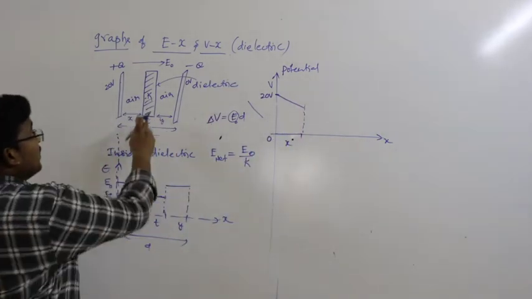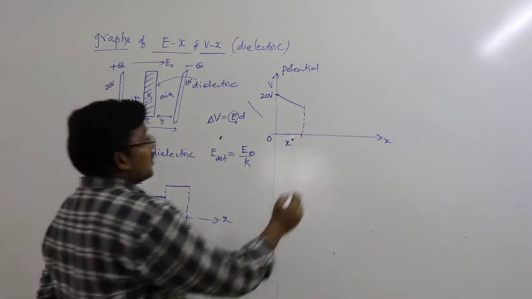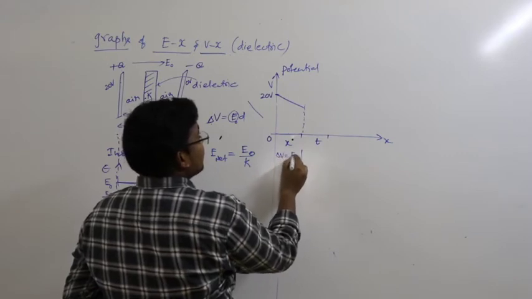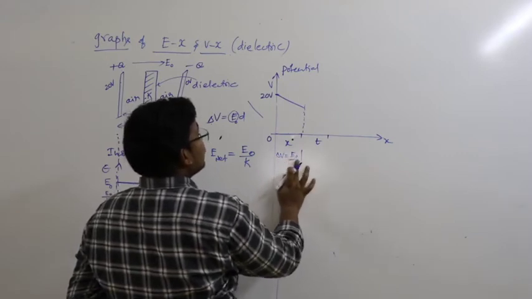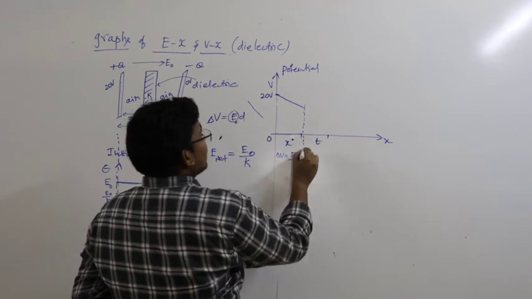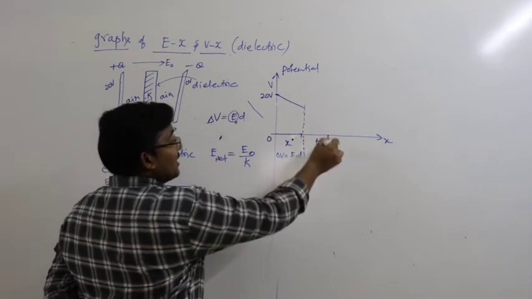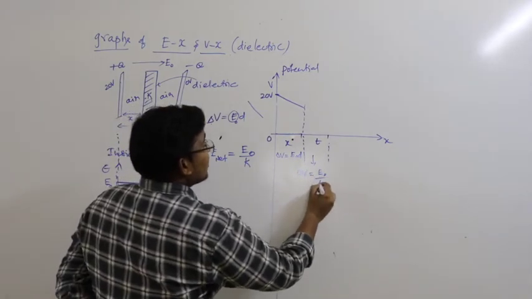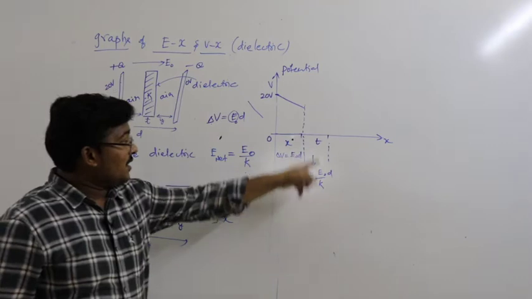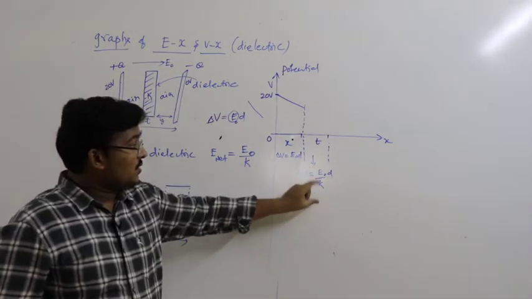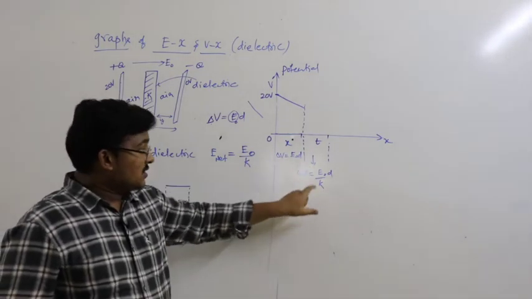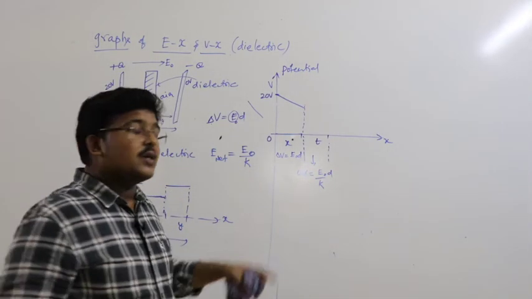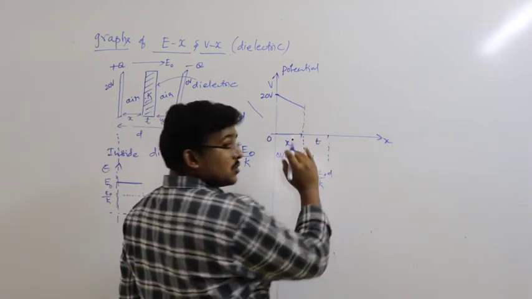Now in the dielectric, inside the dielectric, delta V is equal to E naught into d up to this case. Now in the dielectric, delta V is equal to E naught by k times d, because in the dielectric the electric field decreases, so this d by k value is less, so it cannot change that fast, it can change somewhat slowly.